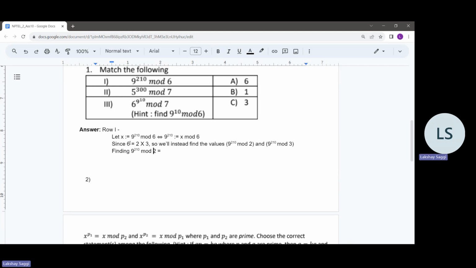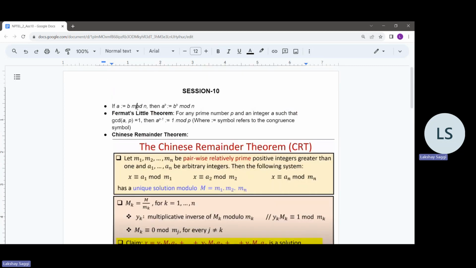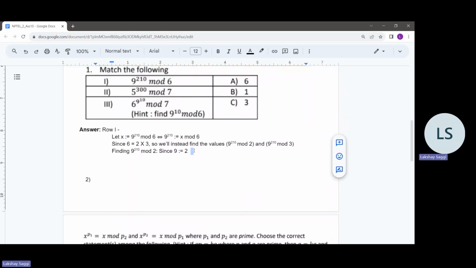So I'll just write finding 9 raised to power 210 mod 2. And for finding this, I'll apply this property directly. We know that 9 is congruent to 1 mod 2, right? Because 9 leaves a remainder of 1 when divided by 2.